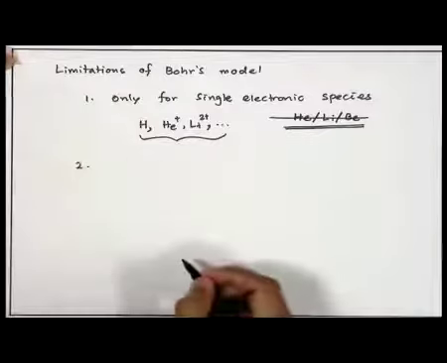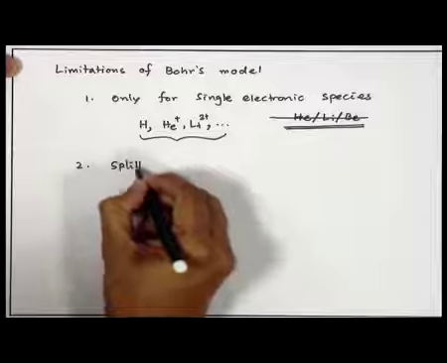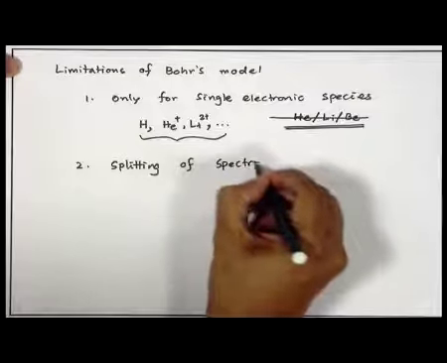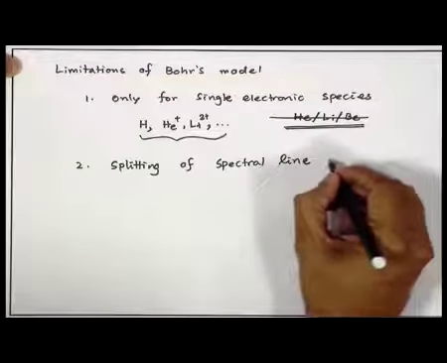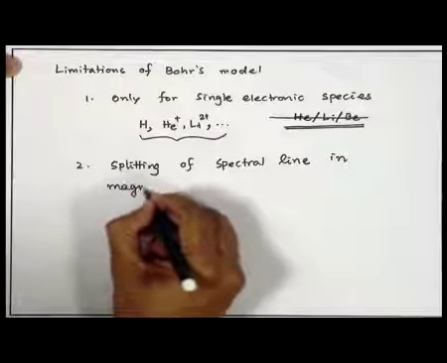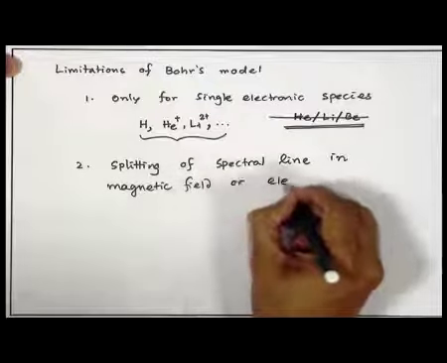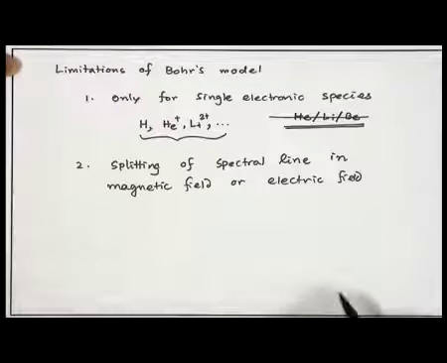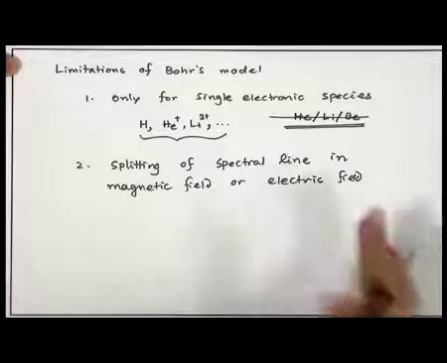The other limitation of Bohr's atomic model is that it could not explain the splitting of spectral lines when the matter is under the influence of magnetic field or electric field. What was seen is that one could record the emission spectrum of any atom in a normal condition, and then they got the emission spectrum.